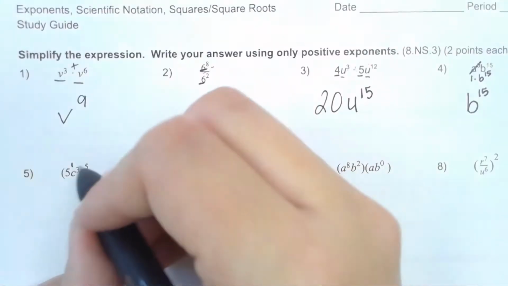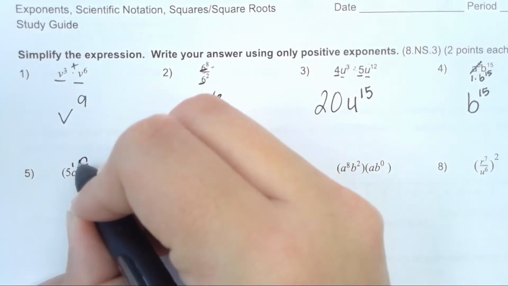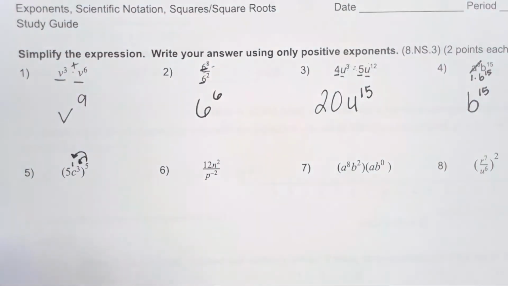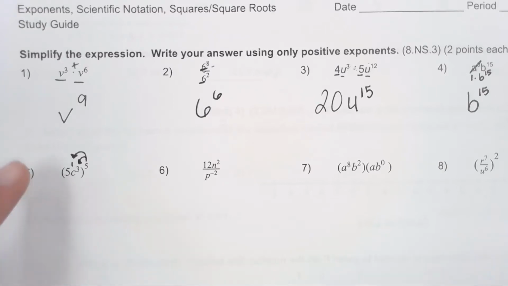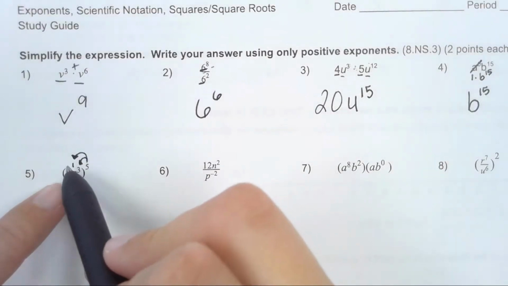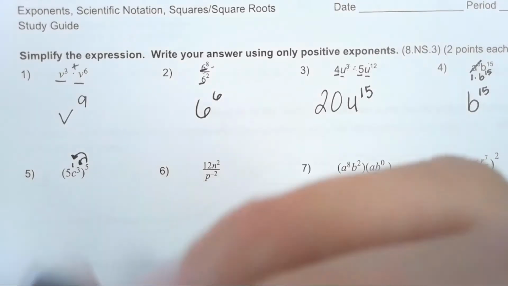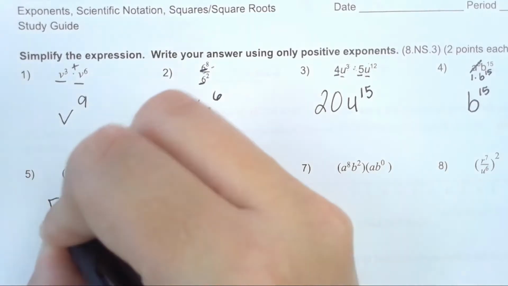So when you take this 5 to the 3, you also have to take the 5 to the 1 as well, because that 5 on the outside has to go to every single term on the inside. So your rule is you're multiplying the exponents. So this is 5 to the 1 times 5. So 1 times 5 is 5. So this will become 5 to the 5th power.